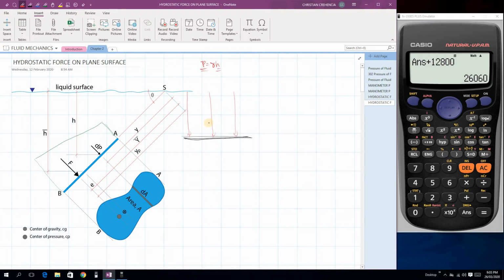So kung constant yung pressure, let's say ito yung pressure diagram, uniform. Then, uniform pressure, solving for force, yung force natin is simply equal to pressure times area. Pressure times area lang.